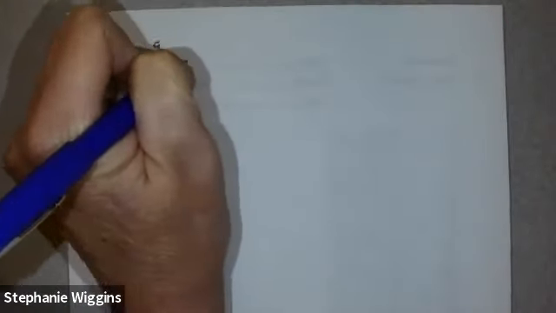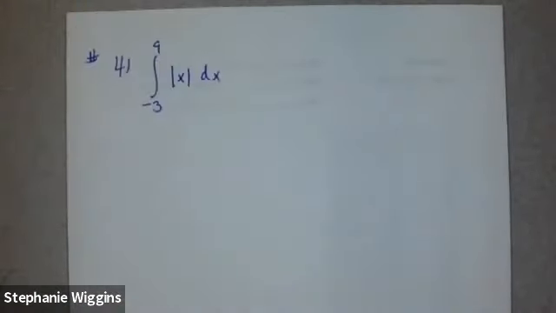But anyway, so we're integrating this time from -3 to 9. This is number 41 on the review. It doesn't look like it, but this is actually a function that should be defined piecewise, at least for integration purposes. It's the absolute value function.